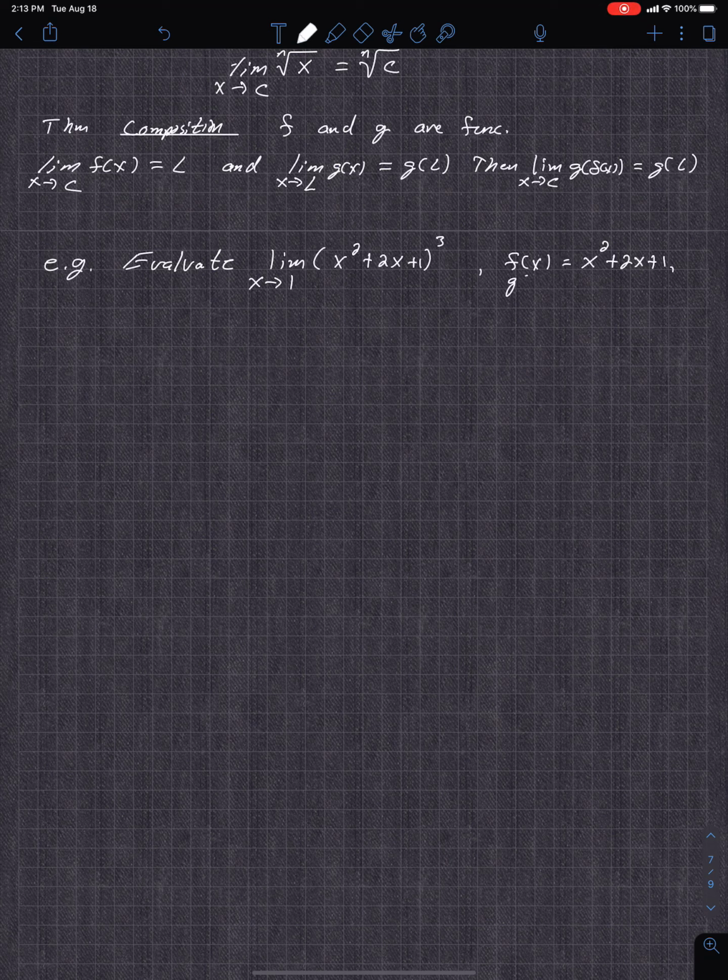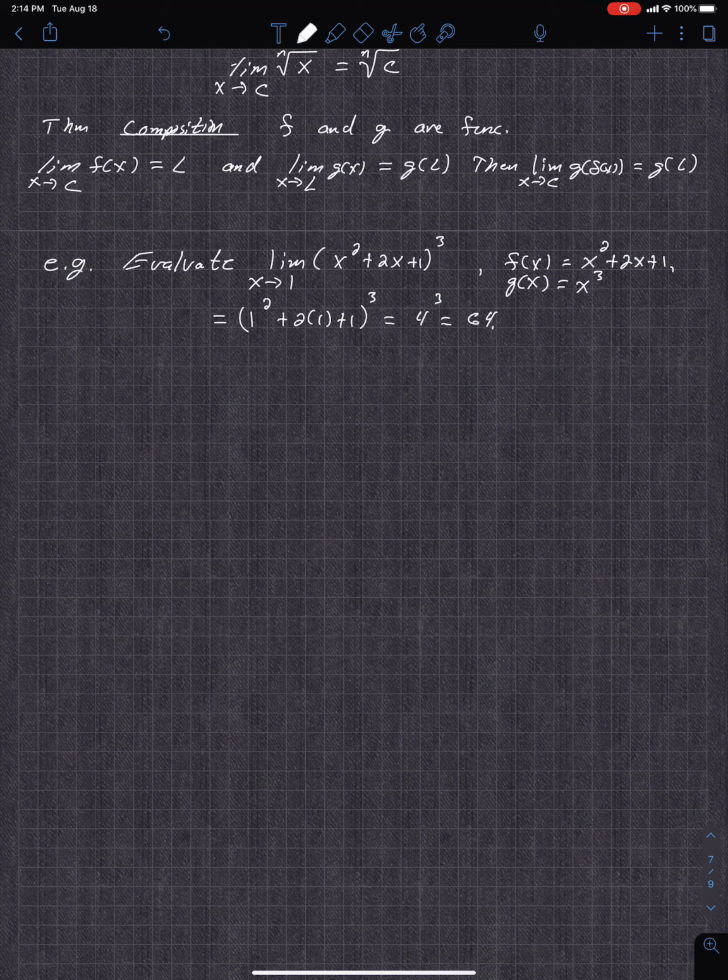You don't have to write all this out, I'm just showing you what it looks like. And g of x is your x cubed, and then you can just evaluate. If there are no indeterminate forms, you can just substitute it in, plug it in, you're good to go. 1 plus 2 plus 1 is 4, so it's 4 cubed. 4 cubed is 64. And that's your value.